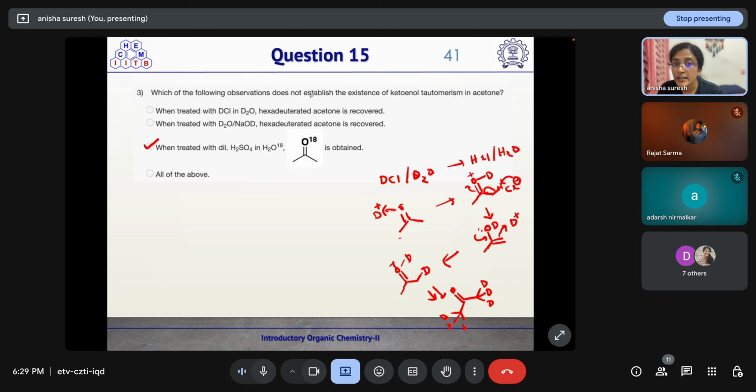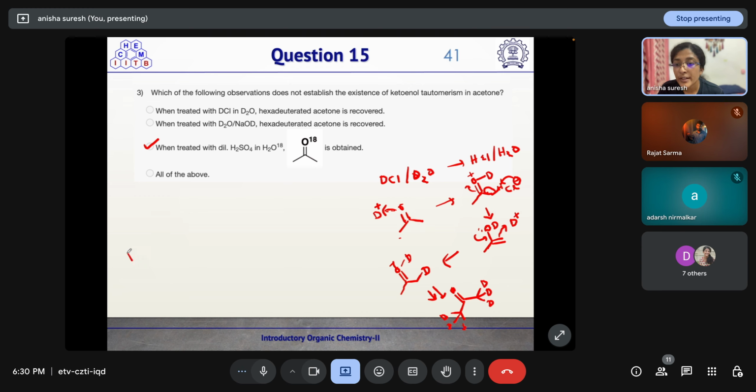So this first case established the existence of keto-enol tautomerism. Because of keto-enol tautomerism taking place, that is why we are getting hexadeuterated acetone in this medium.